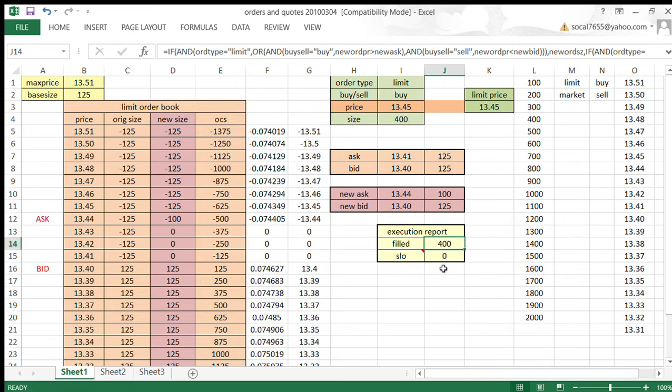Okay. Now, I want to show you something kind of interesting. To make this spreadsheet work was an interesting challenge way back when I created this. I just want to show you this cell right here to calculate the number of orders that fill.